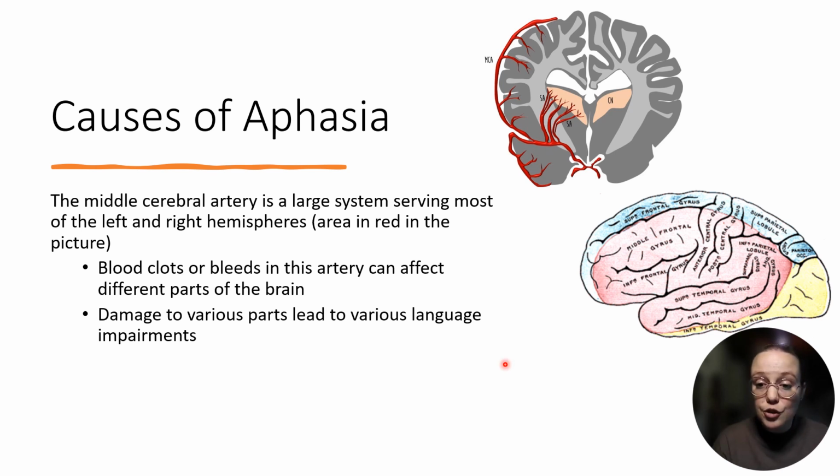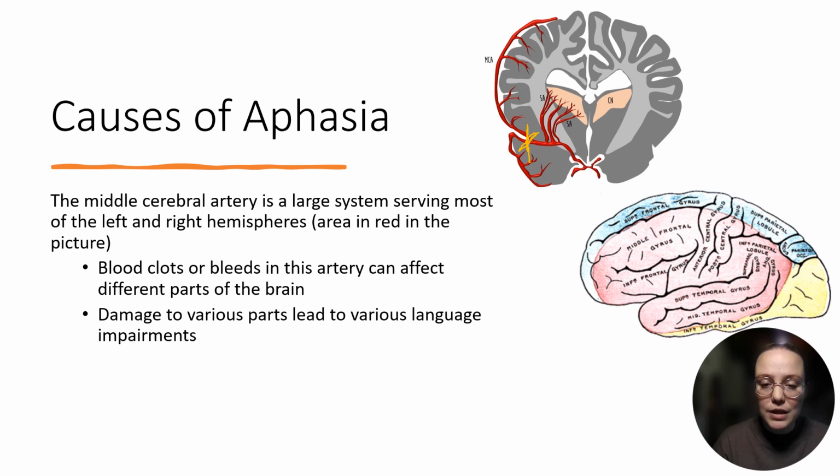When someone has a stroke, it is damage to not just a single area of the brain, but usually quite a few different areas, which I hope you can understand how that happens given this image of the artery system up here. Let's pretend just for one second that we have a clot, and I'm going to make the clot orange here. Let's pretend we have a clot that gets stuck right here.